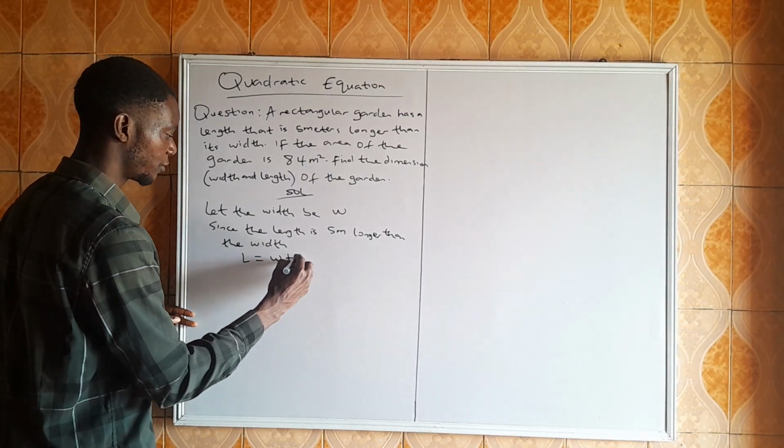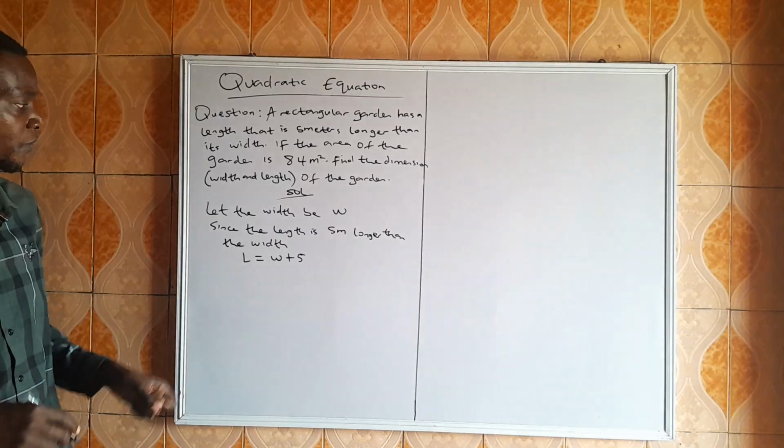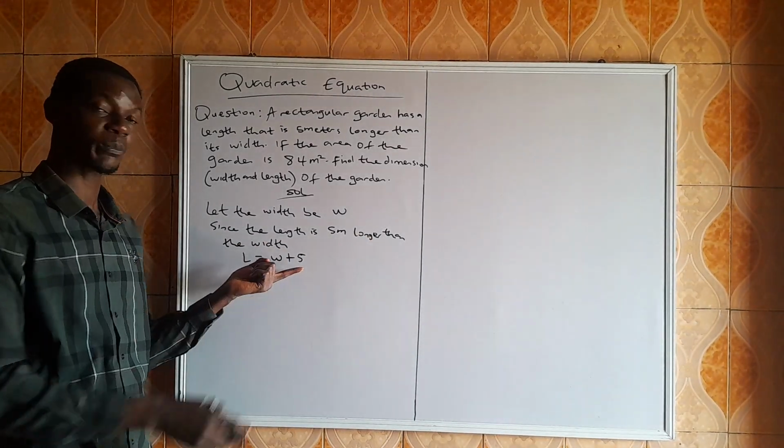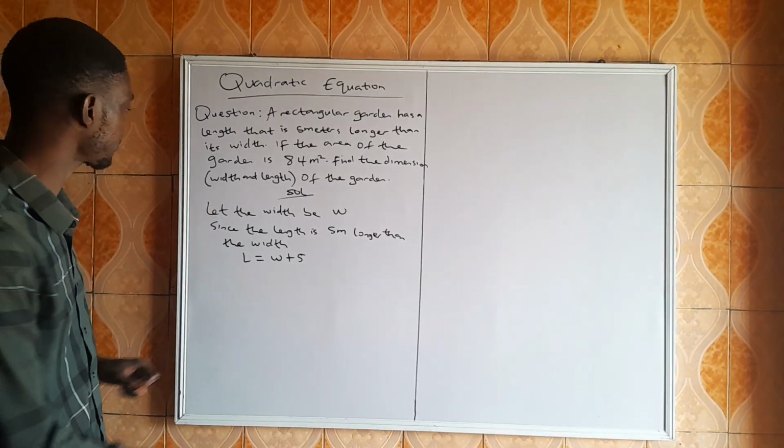Width plus 5. So if the width is W and the length is 5 meters longer than the width, the length will be W plus 5. That is width plus 5.